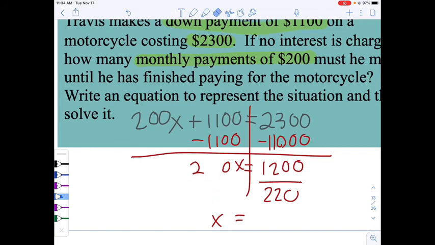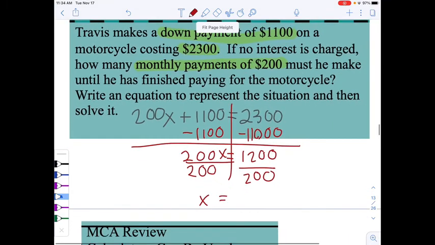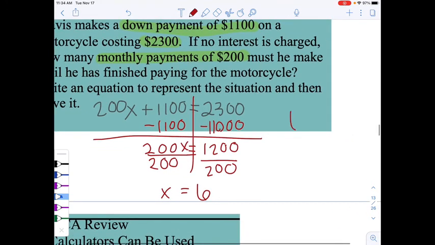That's why I'm confused. That's why it's not working out. This should be 200. Divide each side by 200, not by 220. Hopefully you caught that mistake. I was sitting there like, oh, I don't remember this having a decimal. Okay, so 1,200 divided by 200, that should hopefully work out a lot nicer. That would be 6. So it says how many monthly payments? He has to make 6 monthly payments.